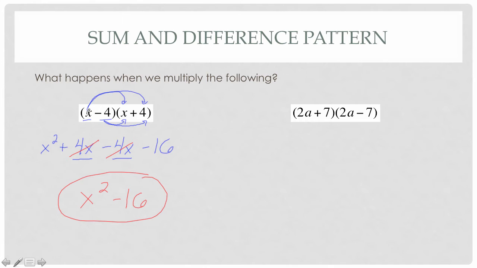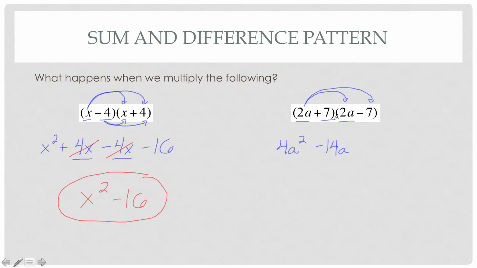If you're multiplying the same binomial, and one's just positive and one's negative, but it's the same numbers, x, 4, 4, then the middle terms will always turn into 0, and you're just left with x squared minus 16. Let's do another one. There's a similar one over here. So I've got 2a is going to multiply this 2a. 2 times 2 is 4. A times a is a squared. Then I take the 2a times the negative 7. So 2a minus 7 is going to be minus 14a.